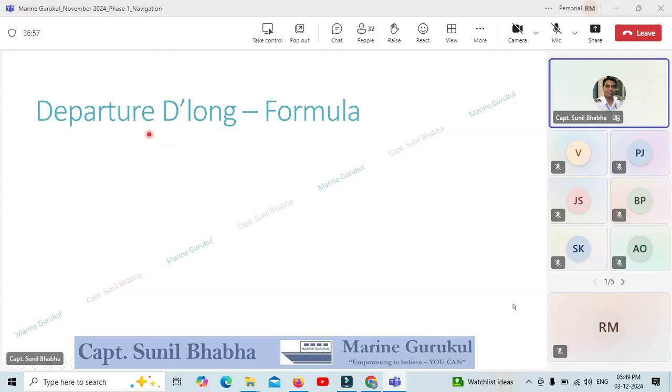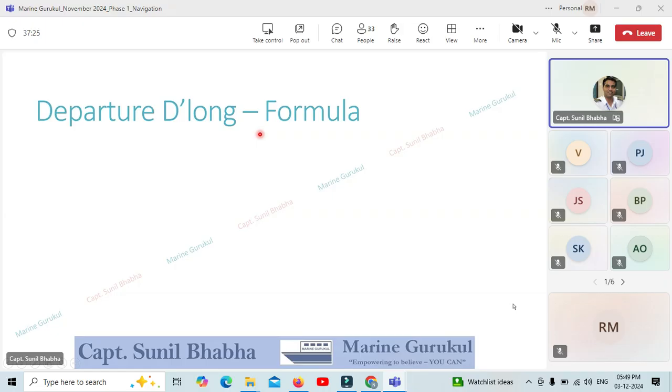Now, as we have seen, on a Mercator chart the east-west distance is the departure between two places. When we make a small part of the Mercator chart on our answer sheet, you see on an actual Mercator chart there are two different scales. We have the latitude scale and we have the longitude scale. Both of them are different from each other.